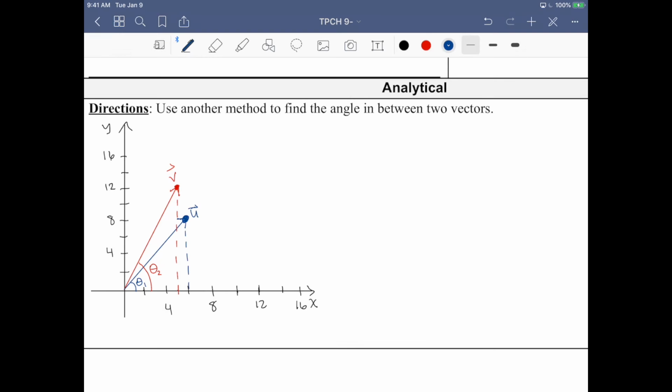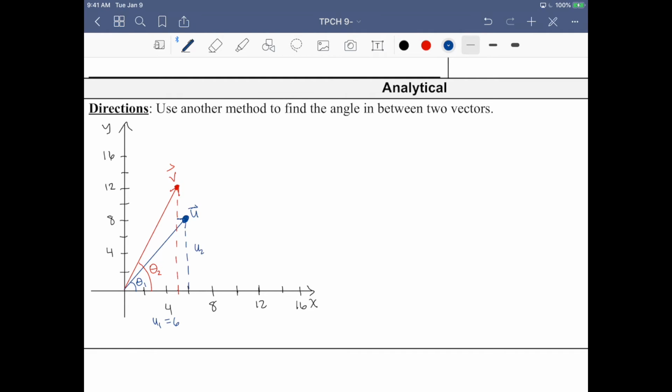So how would I find theta 1 and theta 2 based on knowing the vector and where it is? Well, I use the horizontal and vertical components. So for this one, I know it's going to get a little crazy here, but U1 in this case is 6. So U1 equals 6. I'm writing it down here.